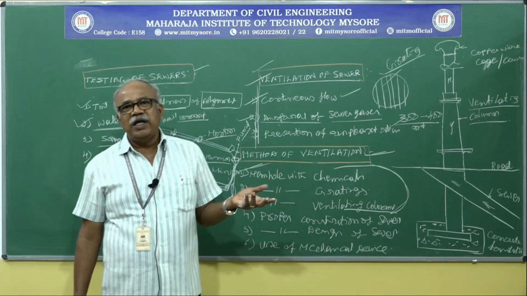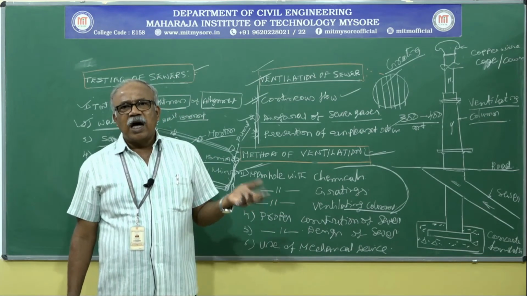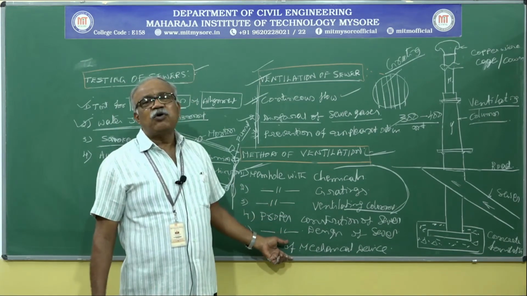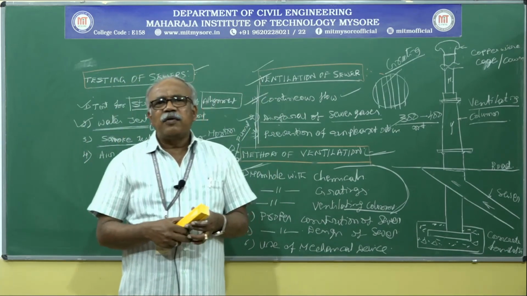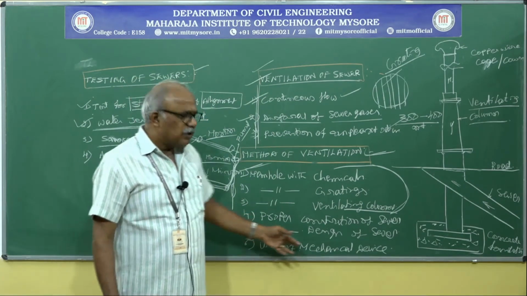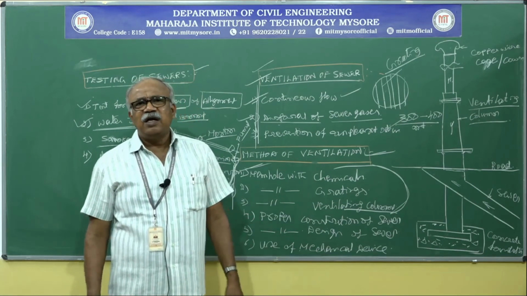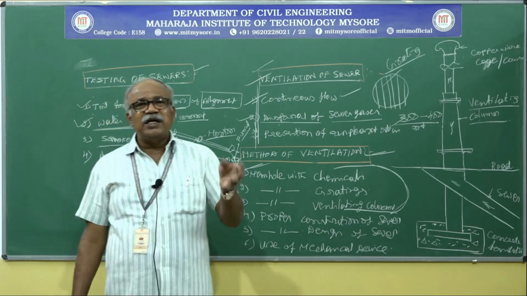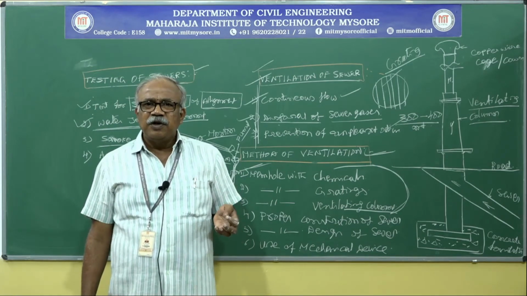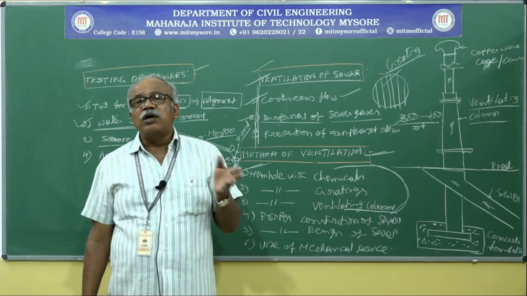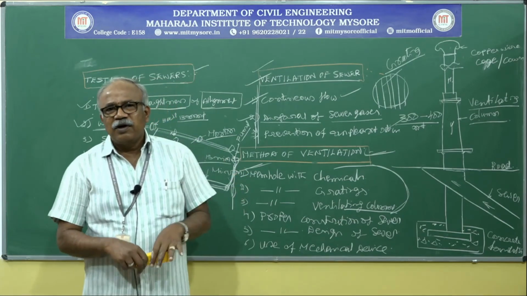Otherwise, it is very difficult to remove them manually. If the size is very small, we can't use mechanical devices and labor cannot work inside the pipe. In that situation, we have to use water pressure.